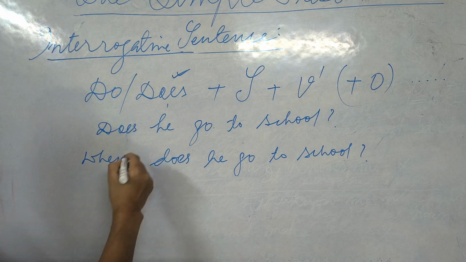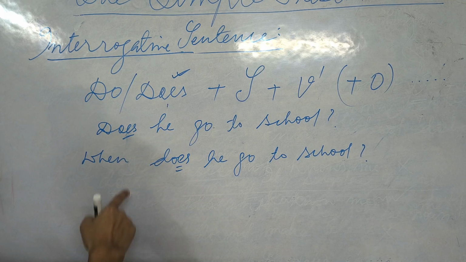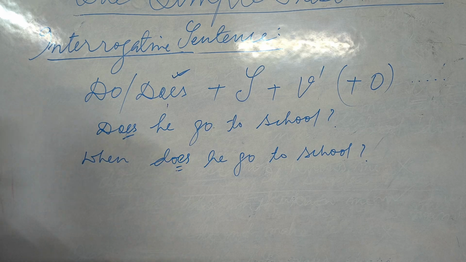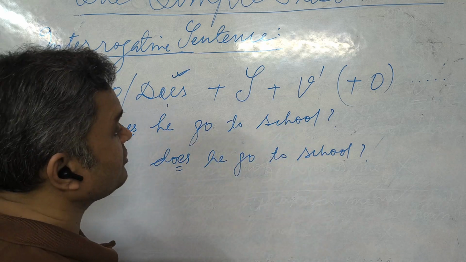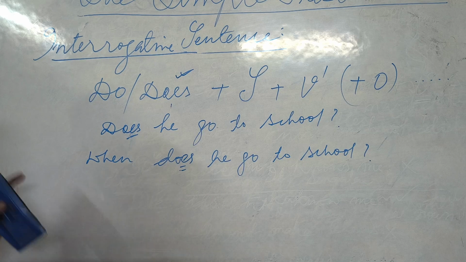You will use does with he, she, it, or a singular noun. We use the auxiliary verb does, right? So the correct sentence would be does he go to school, and here when does he go to school, right?